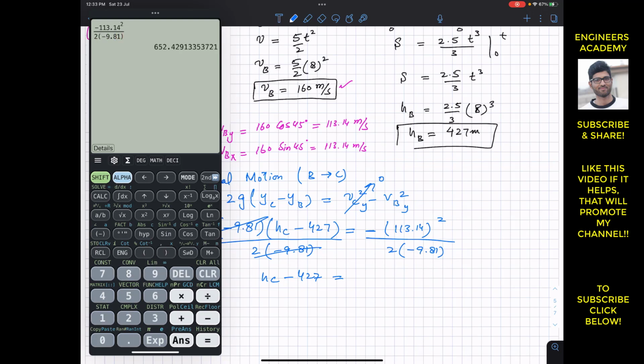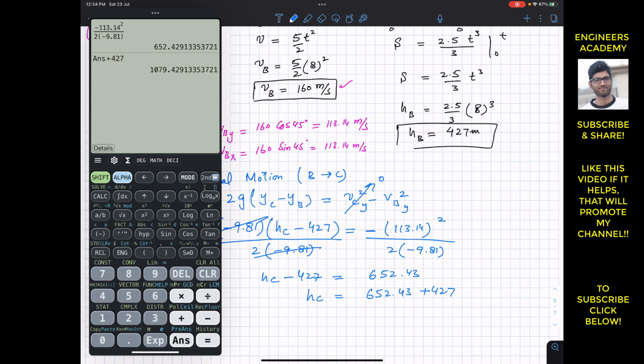So this gives us 652.43, and if I add 427 to both sides of the equation, this will cancel out. So we can say that hc is equal to 652.43 plus 427. So let's add this 652.42 with 427.